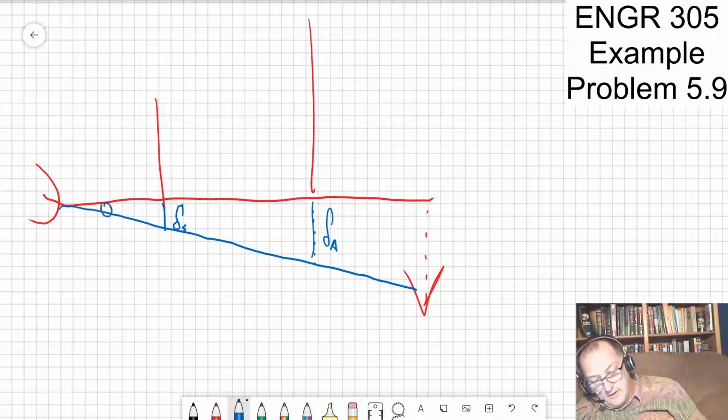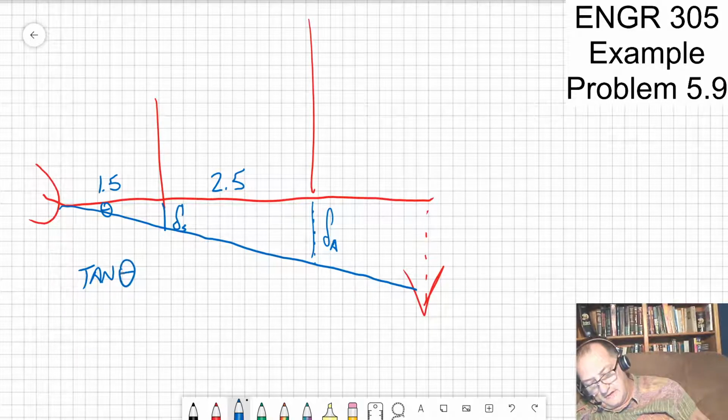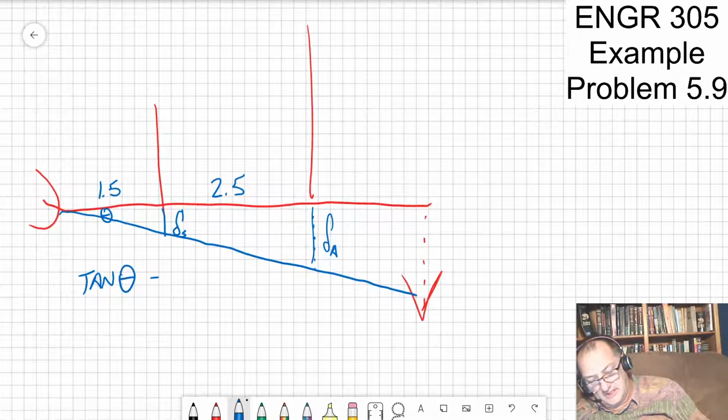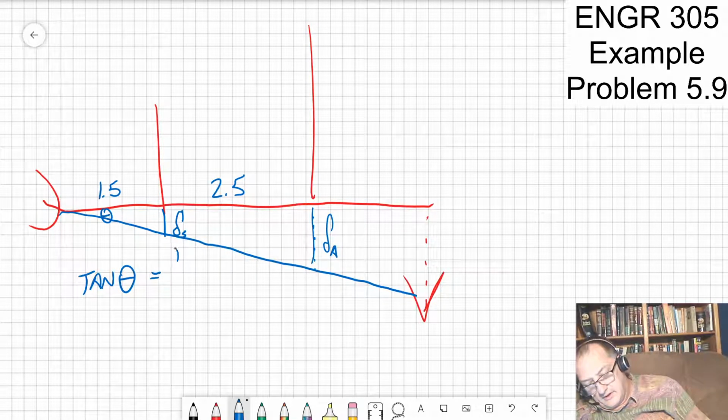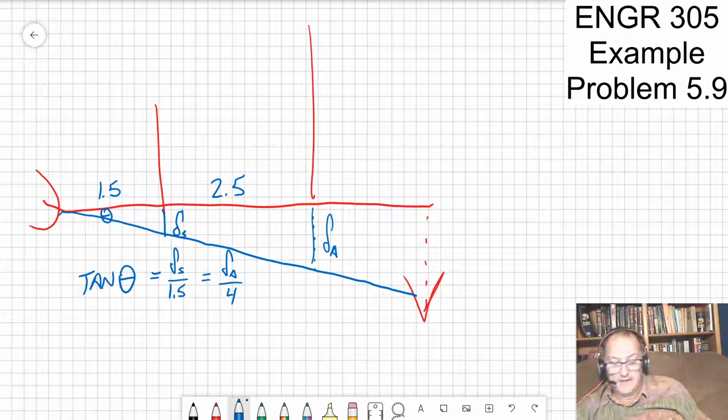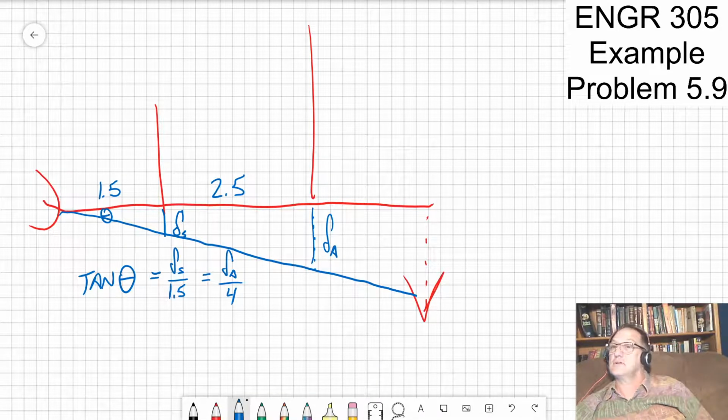And if I call that an angle theta, then I know this distance is 1.5 and this distance is 2.5. So tangent of theta is equal to opposite over adjacent, is equal to the deflection in the steel over 1.5, or it's equal to the deflection in the aluminum divided by 4, because those are equal triangles.